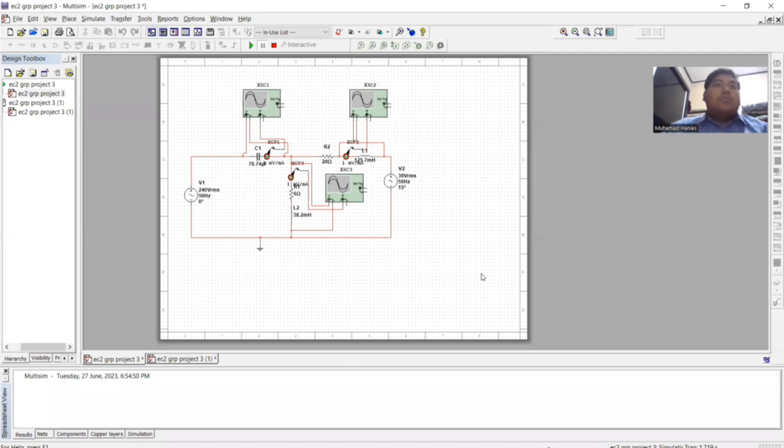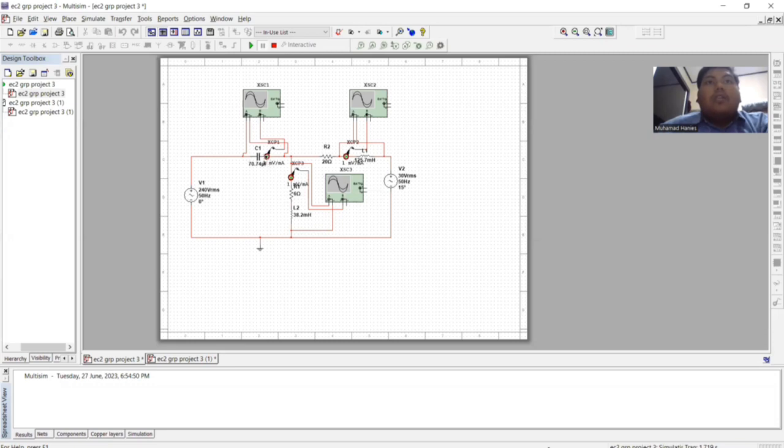Okay, so this is our circuit. To get a V peak in simulation, we must put in the oscilloscope for each component, for the four component capacitor, inductor, and also the load.